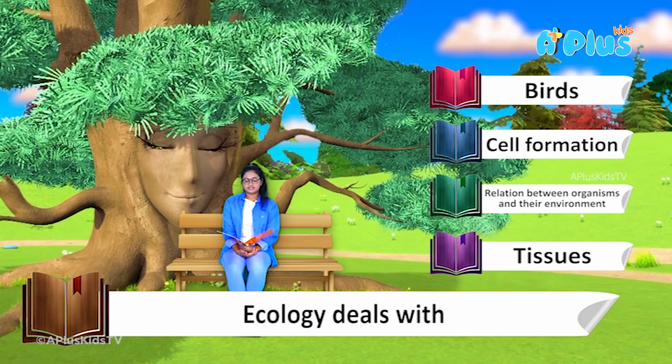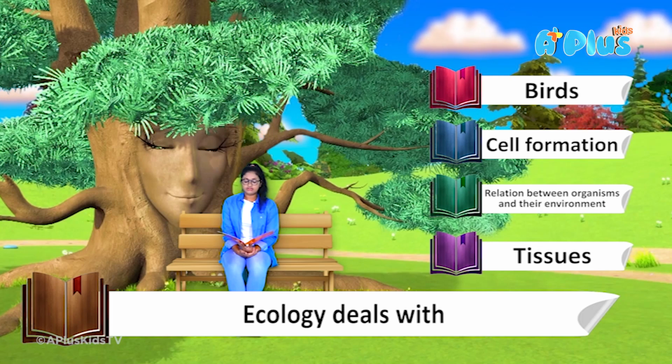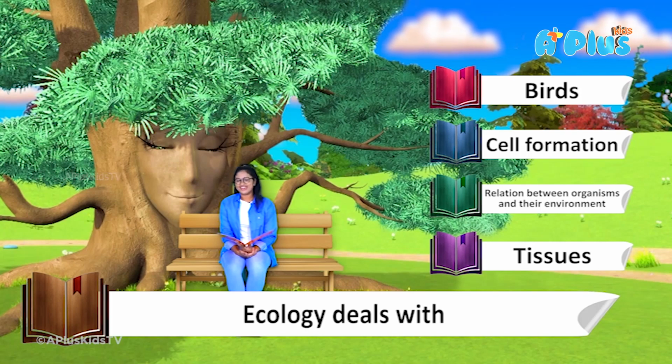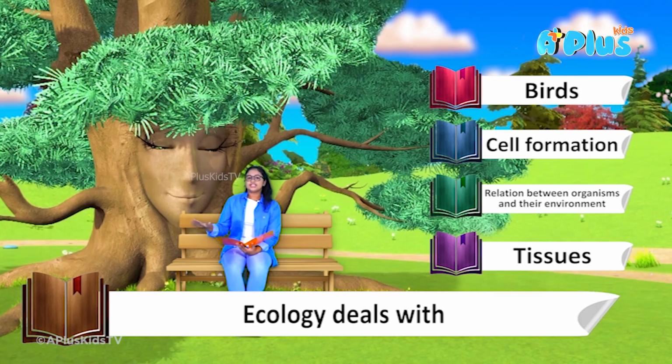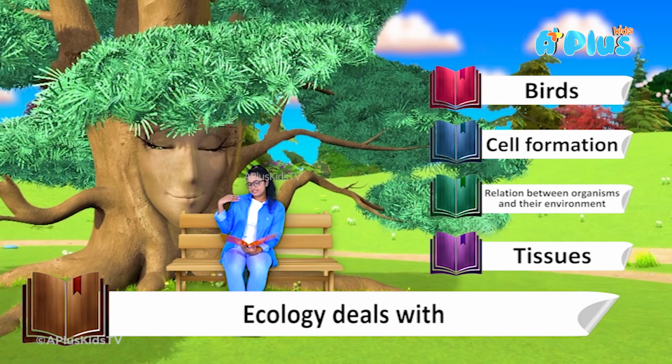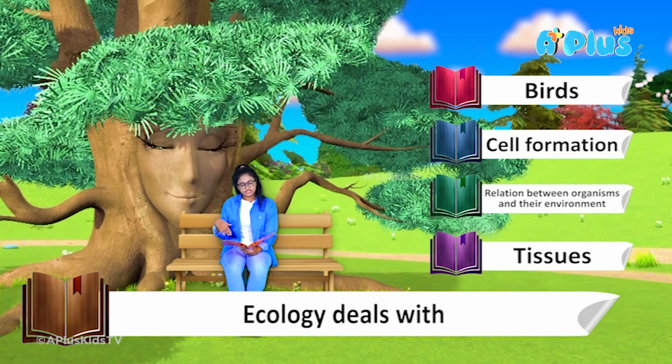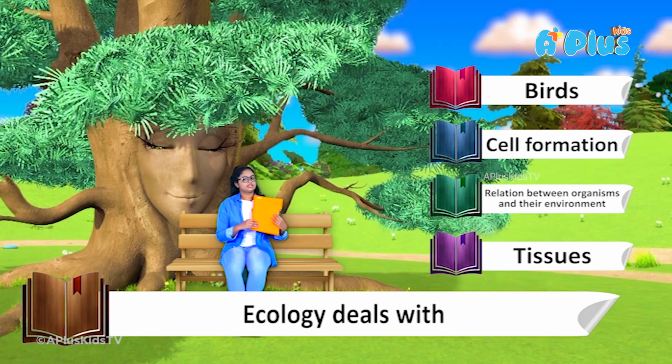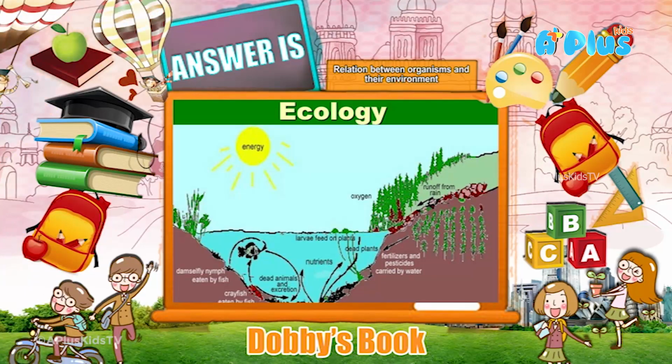It has to be related somehow with answer number 3, which is relation between organisms and their environment. So I think it's option number 3. Let's see whether my answer is correct. The answer is relation between organisms and their environment.